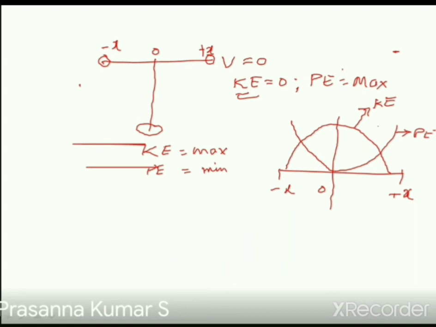See, the potential energy is a function of the displacement, so it is maximum at x here, and it is a minimum at this point. So it's minimum at this point. And it is maximum here, where potential energy is maximum.